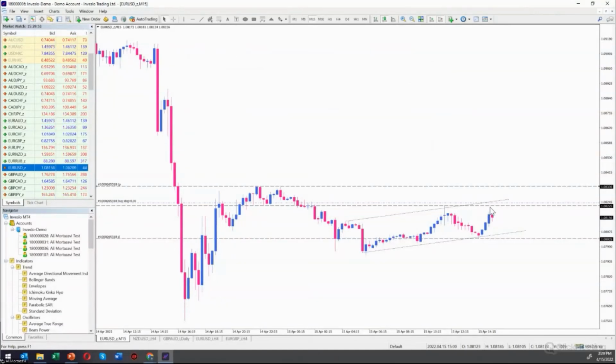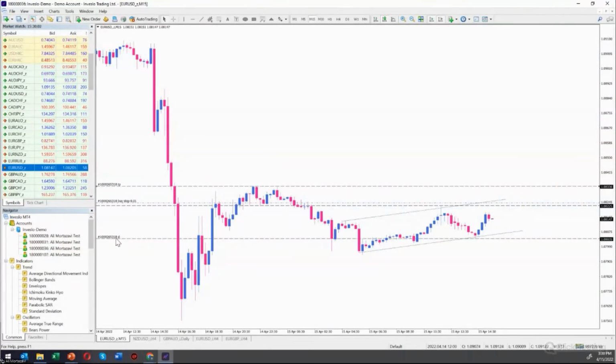Here is my predetermined price level to open a buy position as soon as the market reaches this level. If the market reaches this level and my buy stop order is executed, then I would have this level as my stop loss, as you can see here, and this level as my take profit.